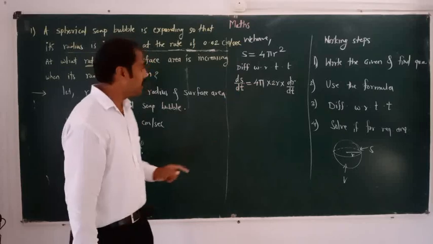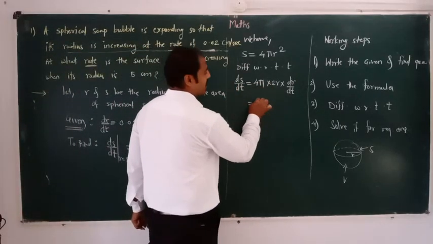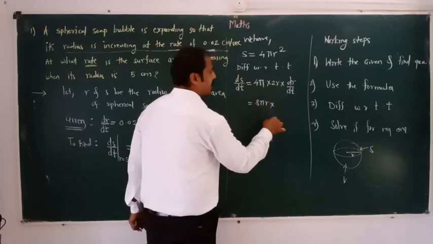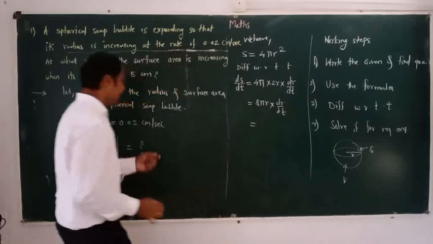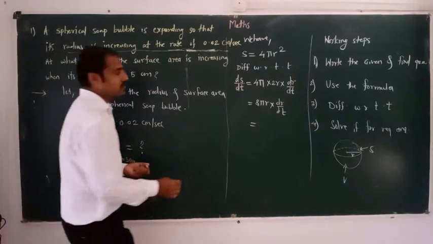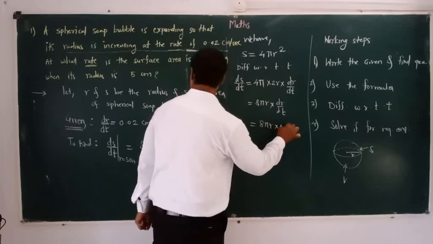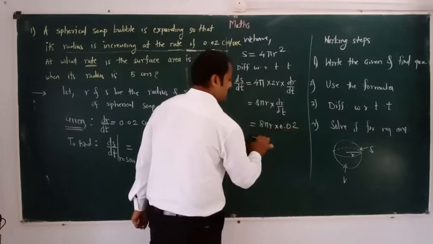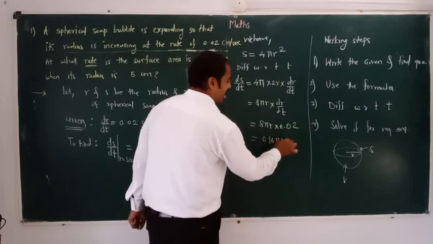On simplification, it becomes 4 into 2, 8 pi r into dr by dt. But it is given that dr by dt is 0.02. So 8 pi r into 0.02, which is equal to 8 into 0.02 is 0.16 pi r.